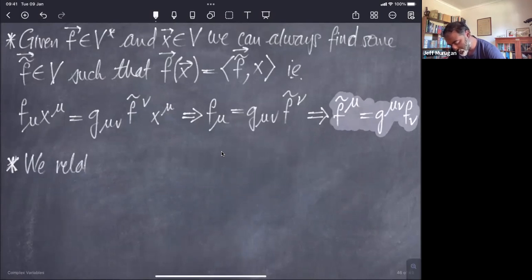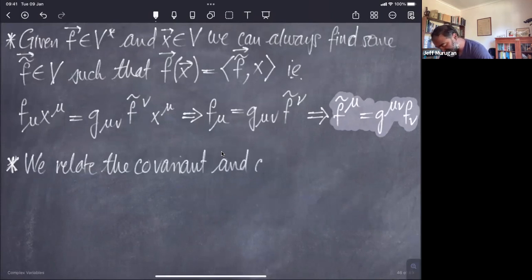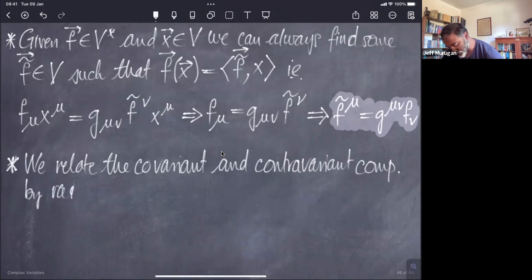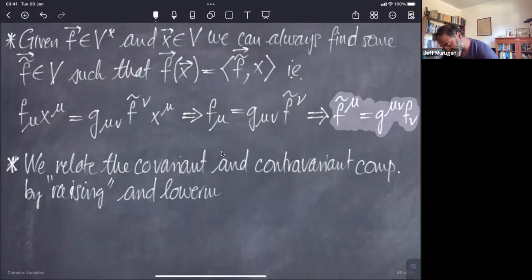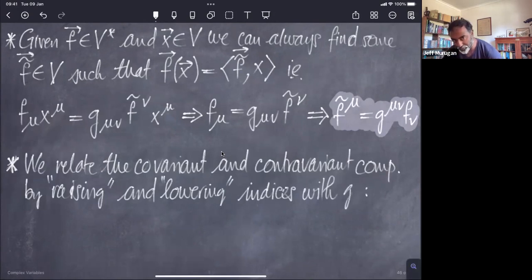So we relate the covariant and contravariant components by raising and lowering indices with the metric in the following way.